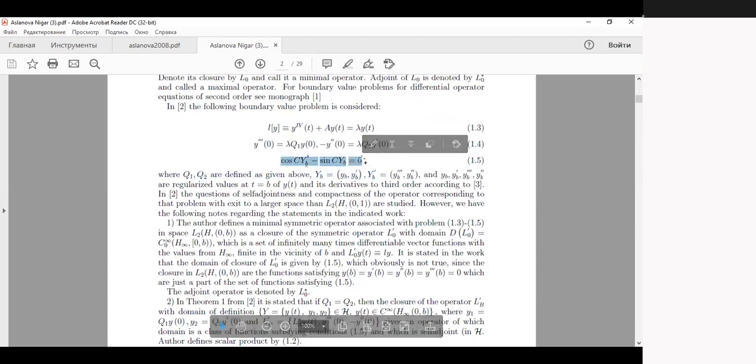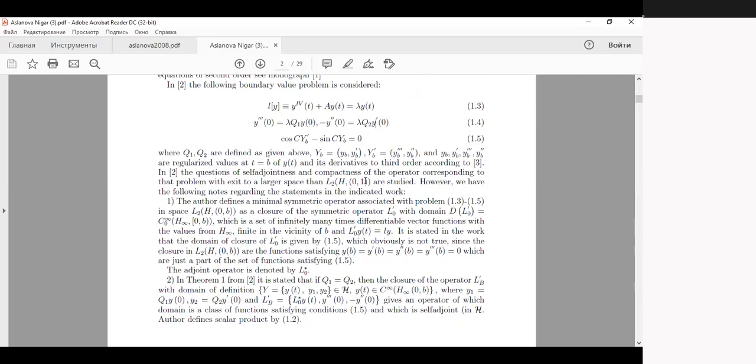Because even in the scalar case, it is well known that when you consider finite and infinitely many times differentiable functions, for example in L2, their closure will not give you boundary conditions like that. It will give you just the Sobolev space W2.